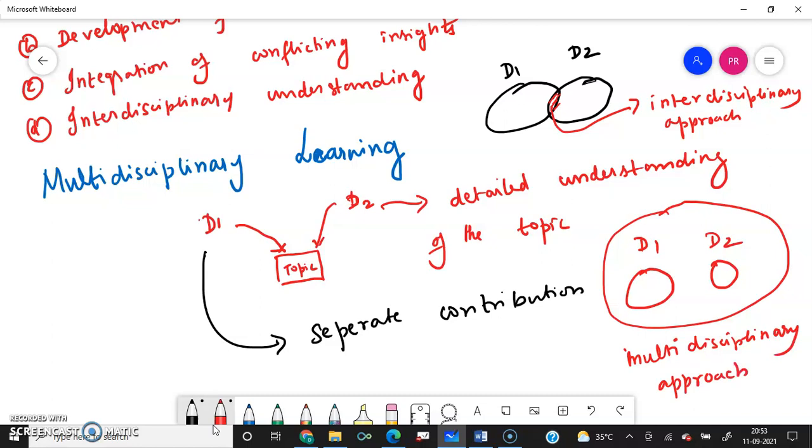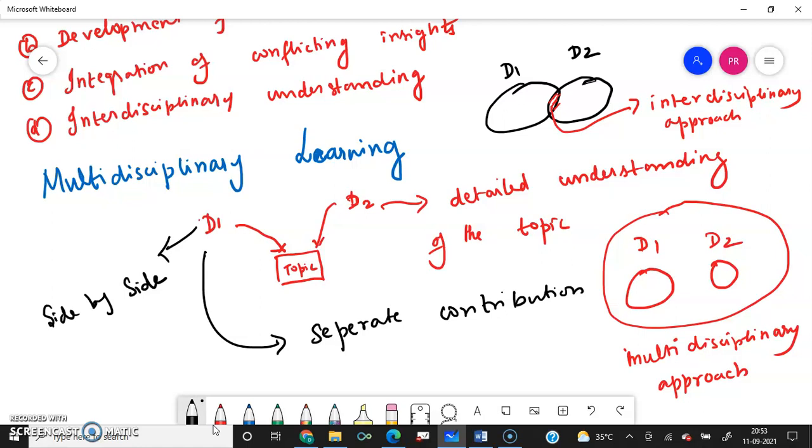Okay, interdisciplinary is one step ahead, we can say. So multidisciplinary refers to placing side by side of insights from two or more disciplines. It is kept side by side. Okay, and then our separate contributions.